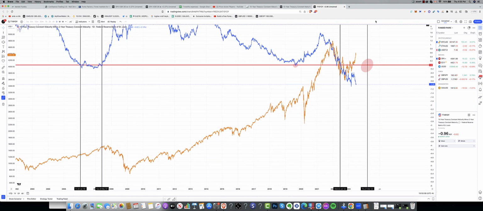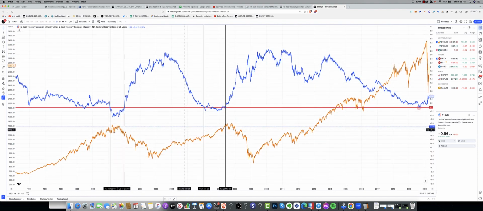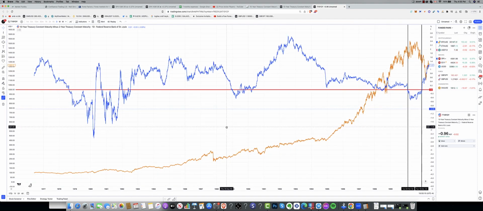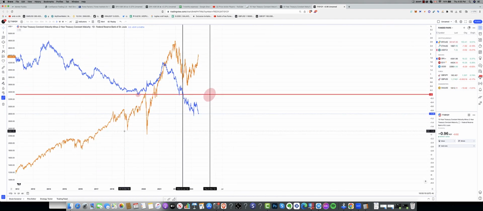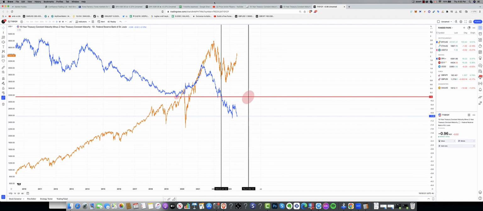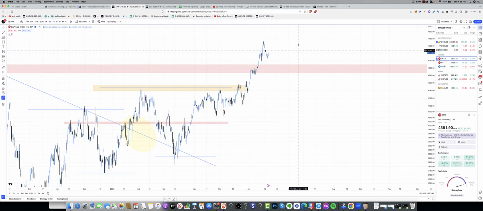Now, does this mean that we're going to have a recession in the stock market? Do I still believe that the stock market is going to be having a recession? That's not what I'm saying at all.